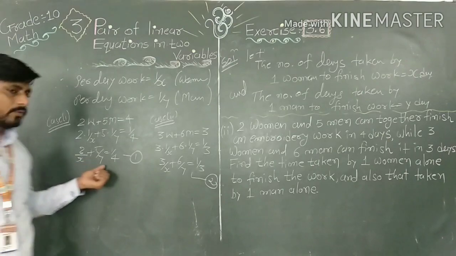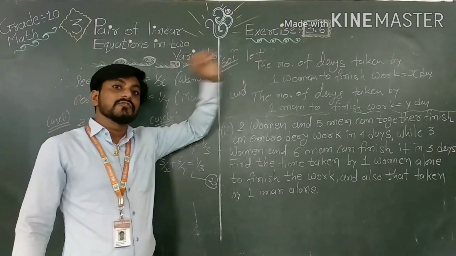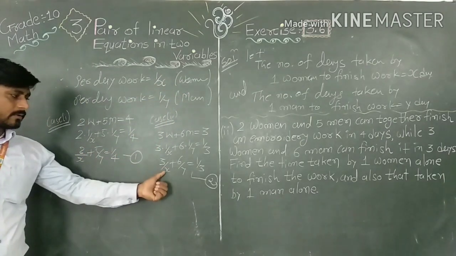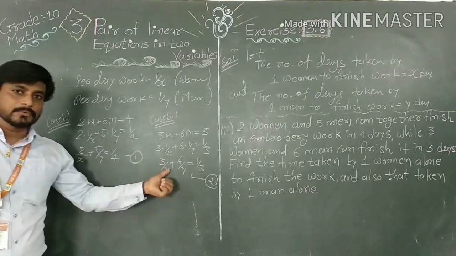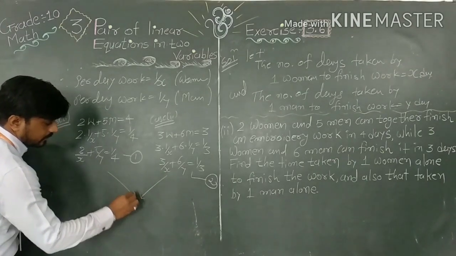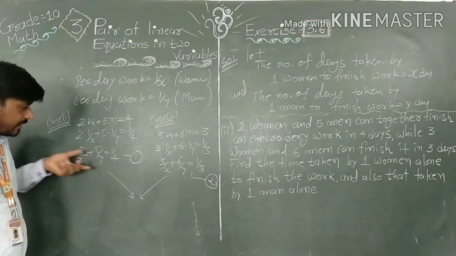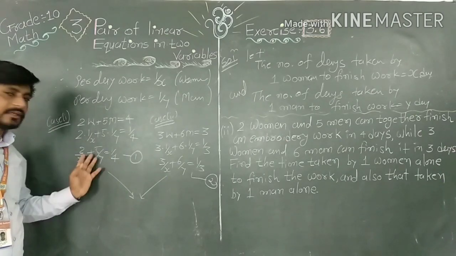Okay. Now in our previous video, exercise 3.6, question number 1, we solved this type of equation by reduction. So that is up to you. Solve these two equations. Okay. First of all, suppose 1 upon x is equal to a and 1 upon y is equal to b, and make simple linear equations from these two.